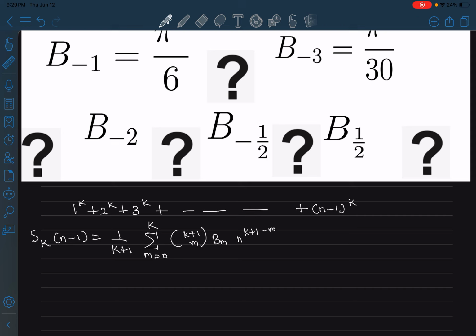There are two sets of Bernoulli numbers, denoted by B superscript minus or B superscript plus.